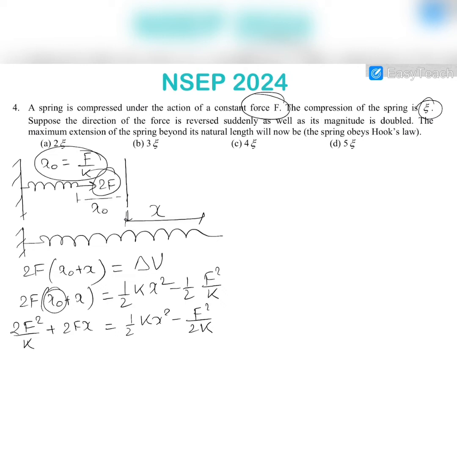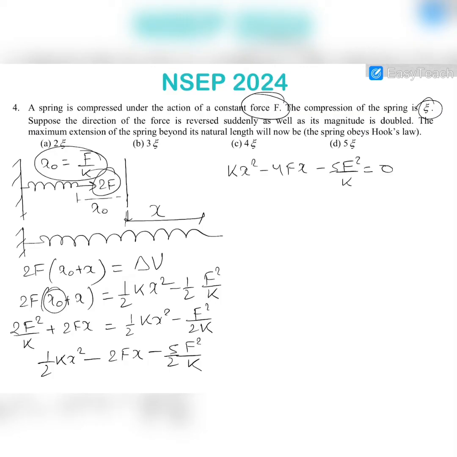Okay, so this is half Kx square minus 2Fx and minus 5 by 2 F square by K. So we will take the 2 LCM, 2 is common, so it would be Kx square minus 4Fx minus 5F square by K is equal to 0.